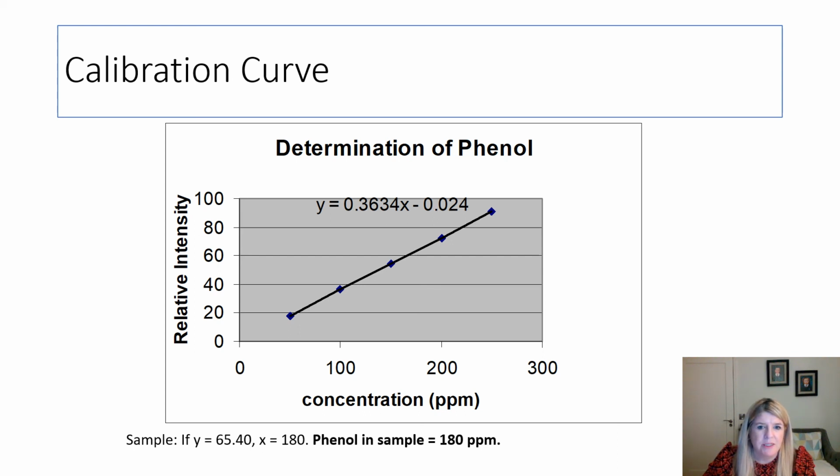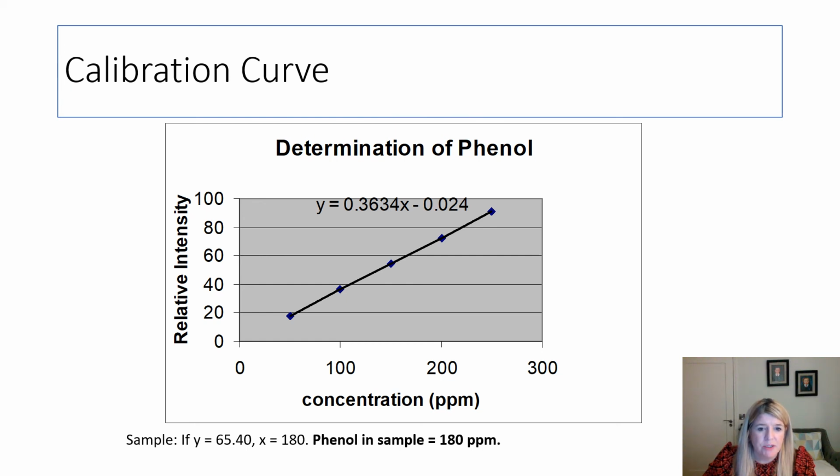So what value is that? Let's go back. Yeah, y is 65.4. So you put 65.4 here into the equation of the line and solve for x. And x turns out to be 180.